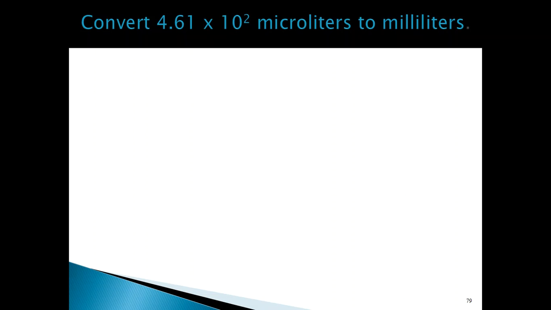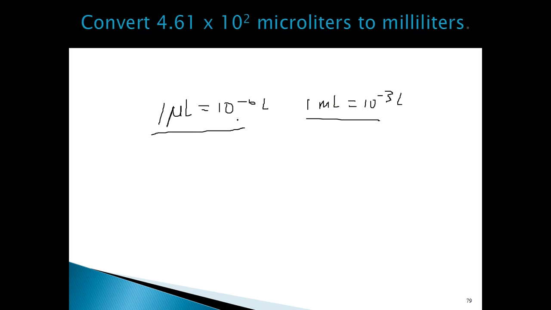But based on the prefixes, I know that 1 microliter is equal to 10 to the minus 6 liters, and I also know that 1 milliliter is equal to 10 to the minus 3 liters, right? So I can exploit my knowledge of these two in order to carry out this conversion.